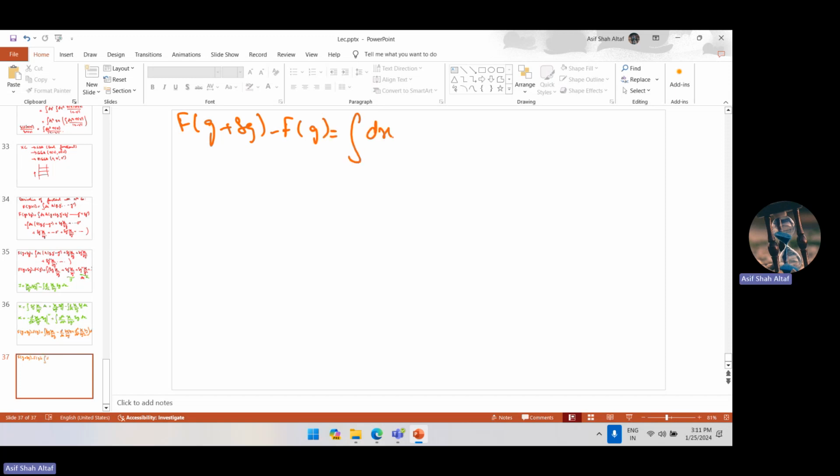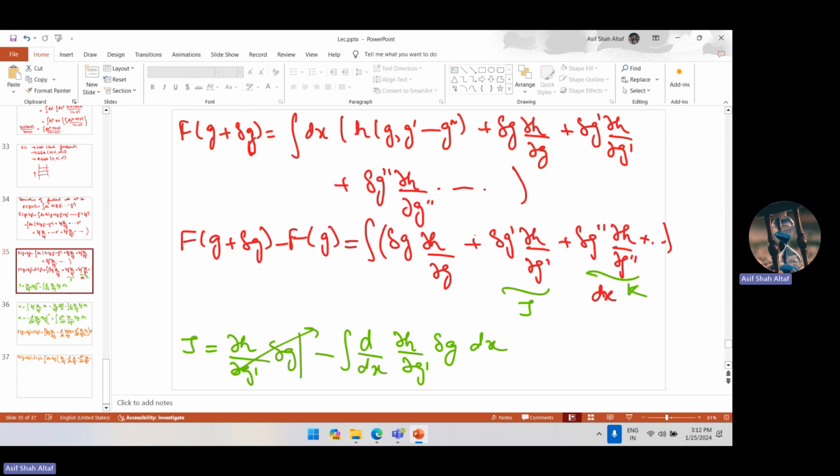So you have dx, you can take out delta g, and whatever is remaining inside is, and so on.